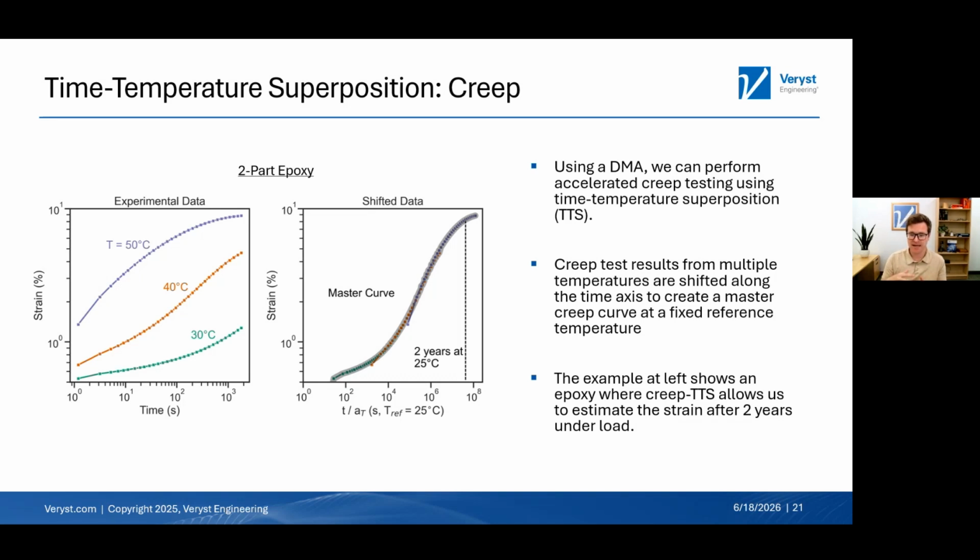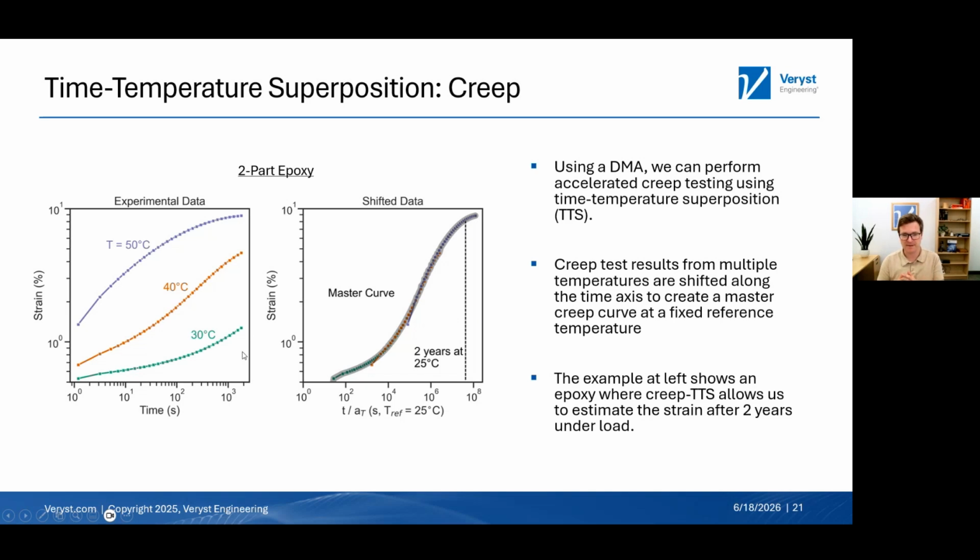This uses the idea that creep deformation in a material is a kinetic process, and like any other kinetic process, if we increase the temperature, we make that process happen faster. What you can see over on the left is successive creep tests on this epoxy material at 30, 40, and 50 degrees Celsius. These lasted only 30 minutes each.